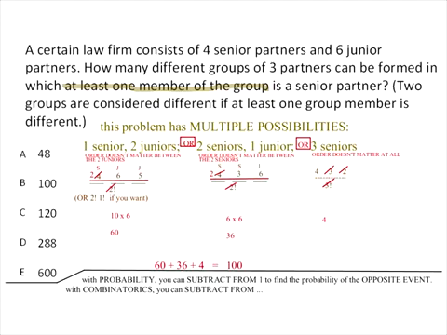But in any case, let's calculate the possibilities that you don't want. Possibilities that you don't want is all juniors.